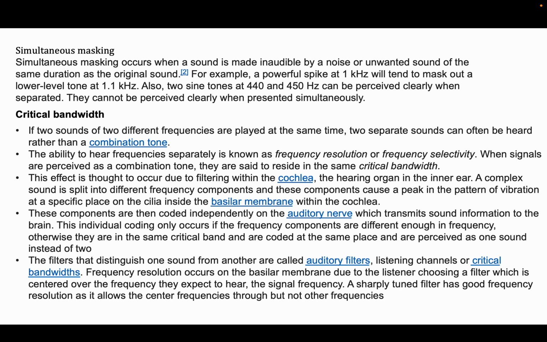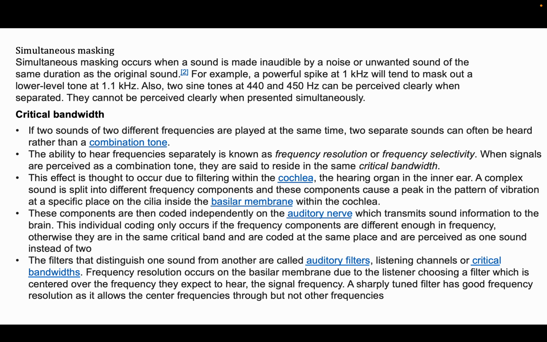These components cause a peak in the pattern of vibration at a specific hair cell inside the basilar membrane within the cochlea. These components are then coded independently on the auditory nerve, which transmits sound information to the brain. Individual coding occurs only if the frequency components are different enough in frequency. Otherwise, if they're in the same critical band and they're coded at the same place, they're perceived as one sound instead of two.